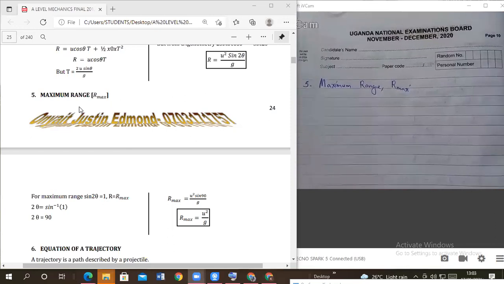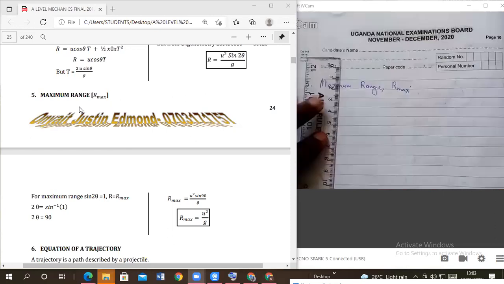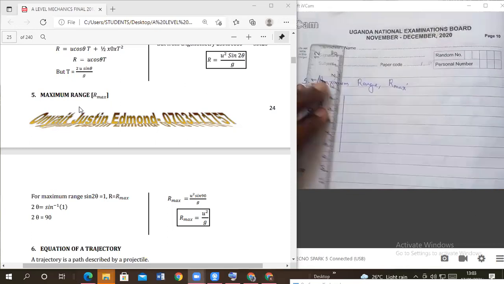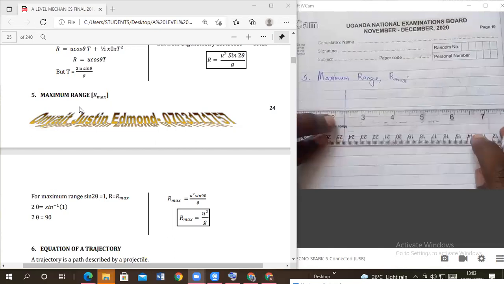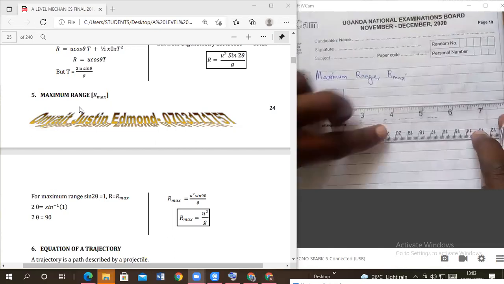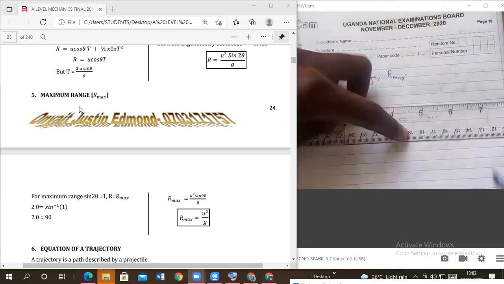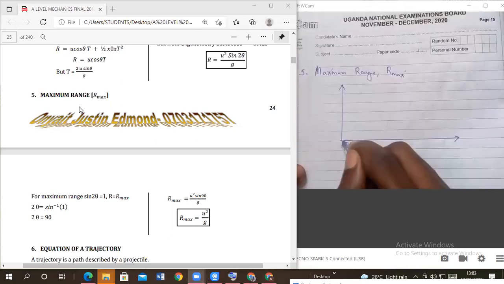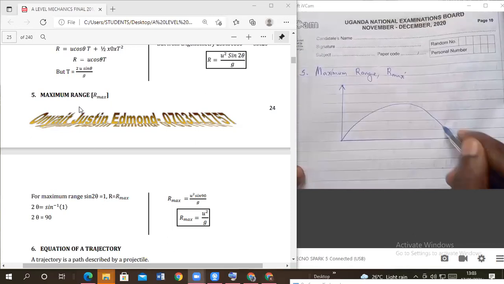So for maximum range, let me just have a simple sketch here. For maximum range to occur, the angle of projection must be 45 degrees.